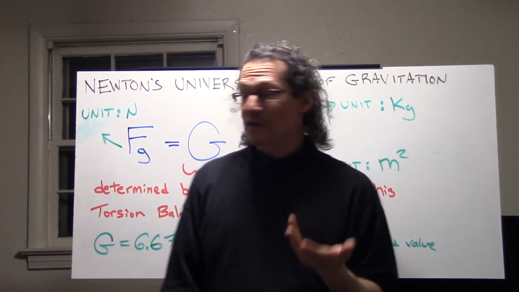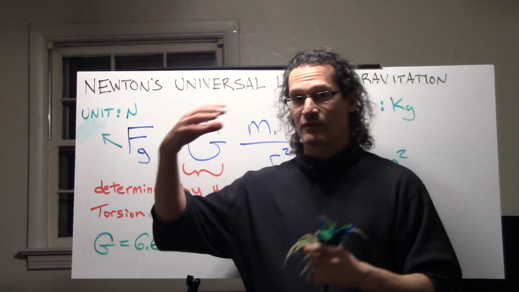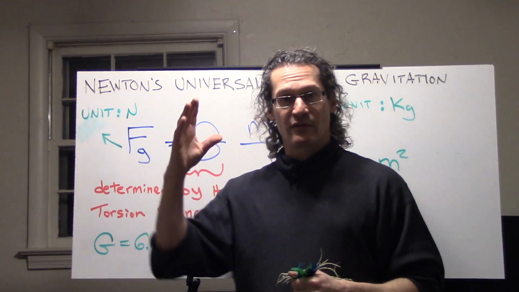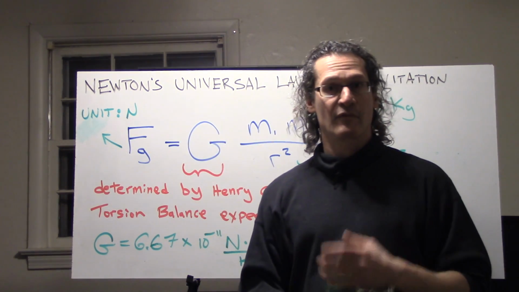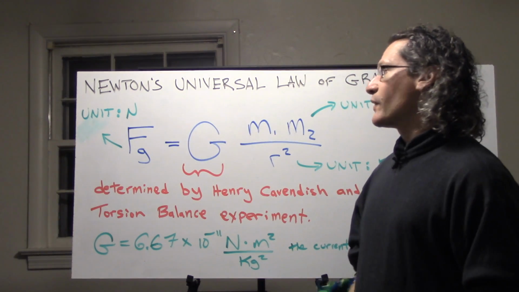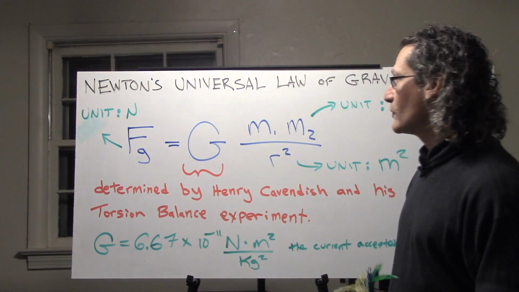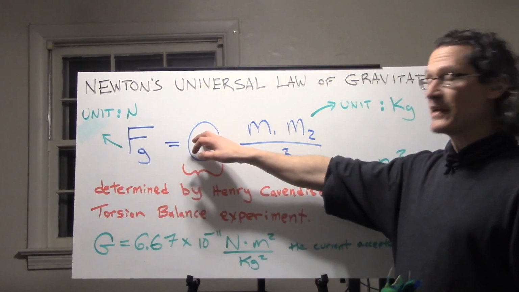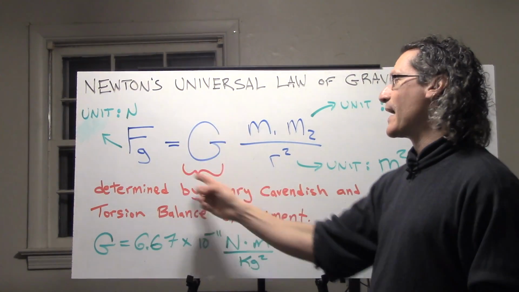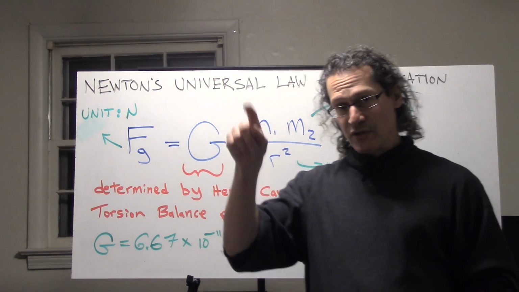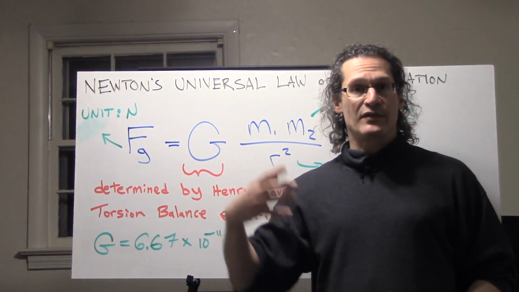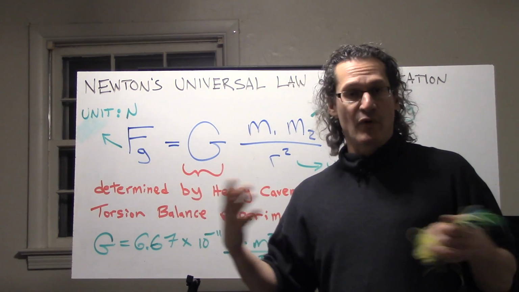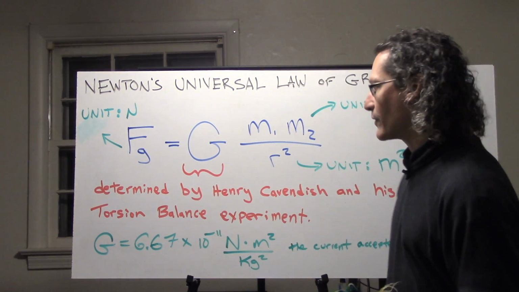Strange, but you actually can do that because of what Newton developed as the foundation for this type of physical phenomenon, gravitation. So here it is, what's known as Newton's Universal Law of Gravitation. Force of gravity is equal to big G. Now it's really important to write this as a capital G rather than a little g, because little g represents the acceleration due to gravity on Earth, as we know, 9.8 meters per second squared on the surface of the Earth.